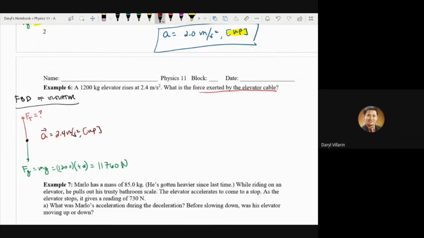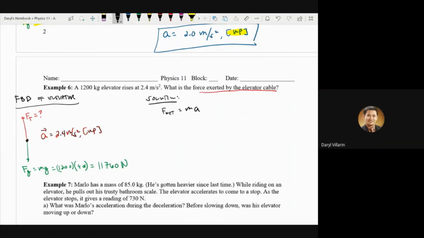Okay. So again, the acceleration is not equal to 0, so you'll be using the second Newton's law. So that means that net force on the object is equivalent to the mass times its acceleration.